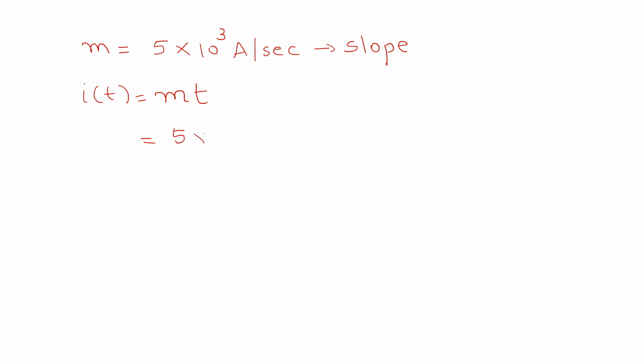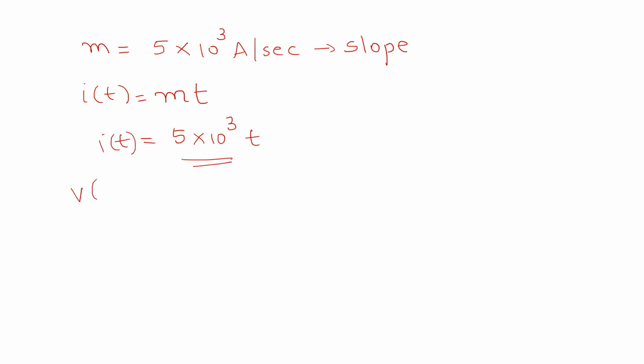So m is equal to 5 into 10 to the power 3 amps per second, which is the slope. Our equation of the straight line, y is equal to mx, is I of t equal to m into t, where m is 5 into 10 to the power 3 and t is written as it is. So this is the expression for the instantaneous current.